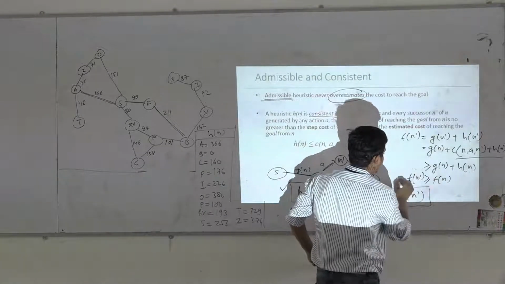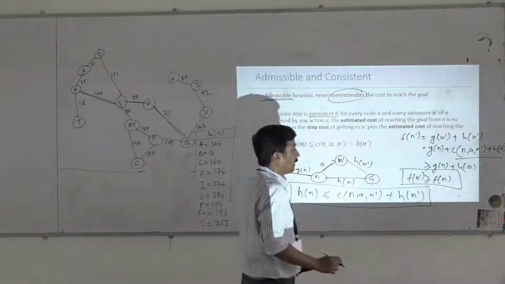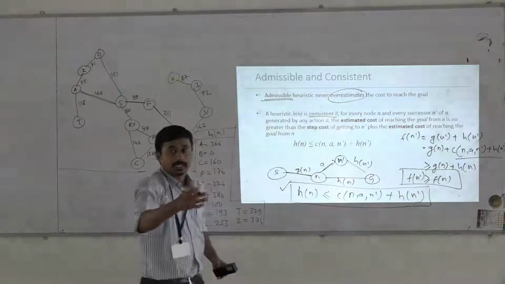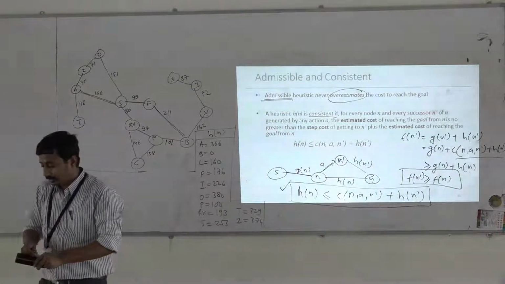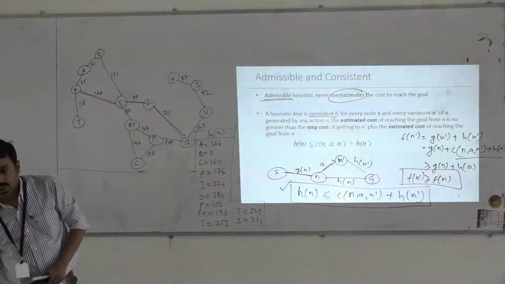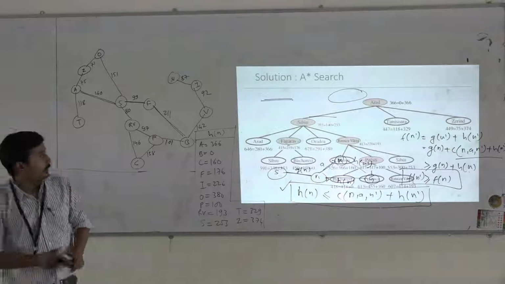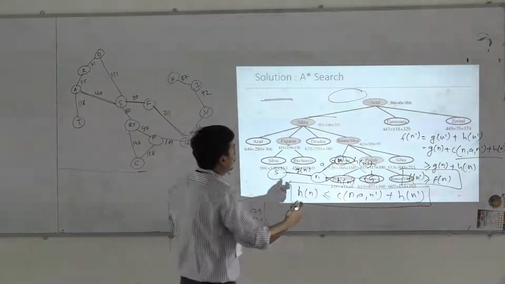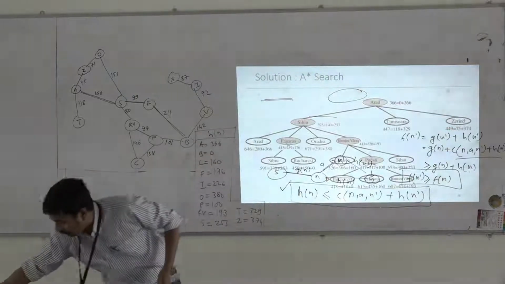So here the evaluation function should be a non-decreasing function. It should be an increasing function, in other words, right? So it is evident from this example also. Your f of n should be an increasing function. Now what is our solution path?